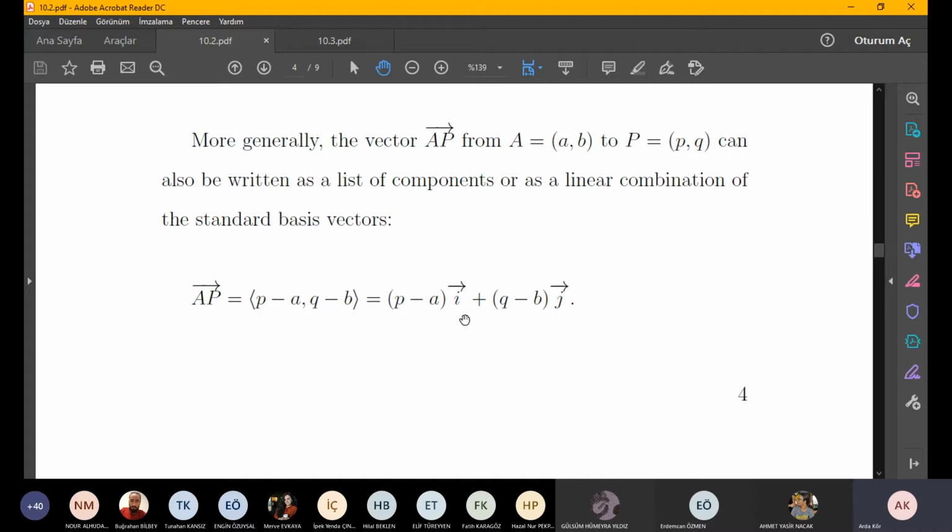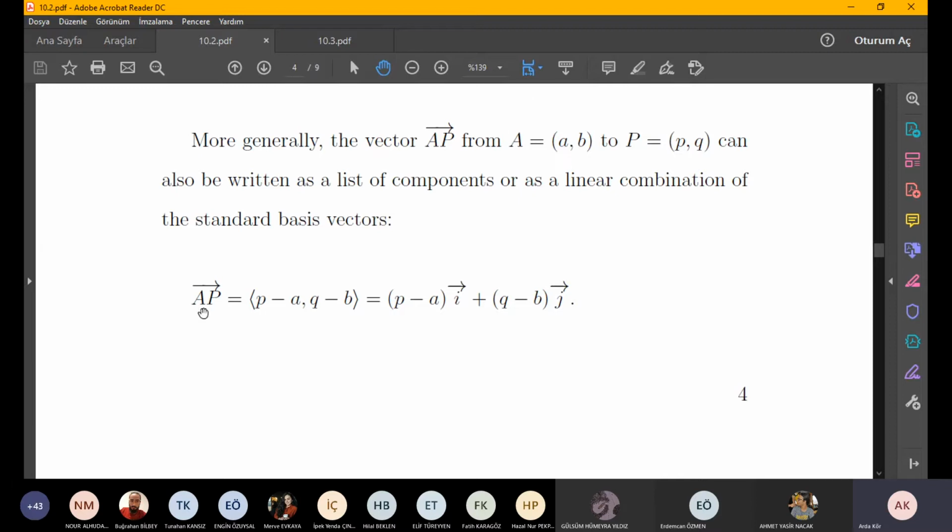And if you write it in the form of a linear combination of the standard basis vectors, it will be (p minus a) times i plus (q minus b) times j. So this is any vector in two-dimensional space with an initial point that is not the origin, so any point.